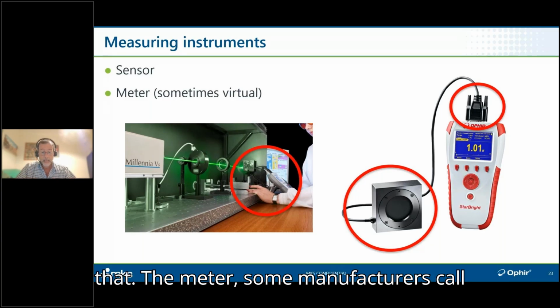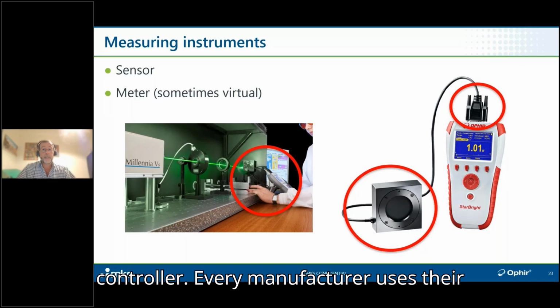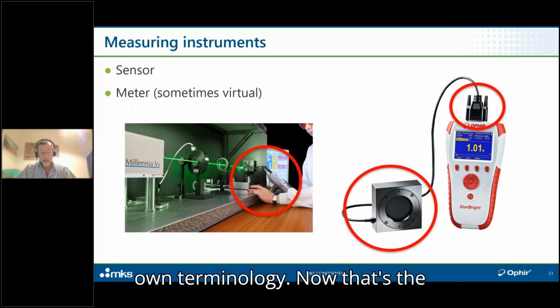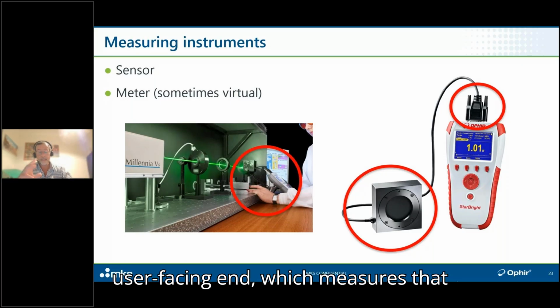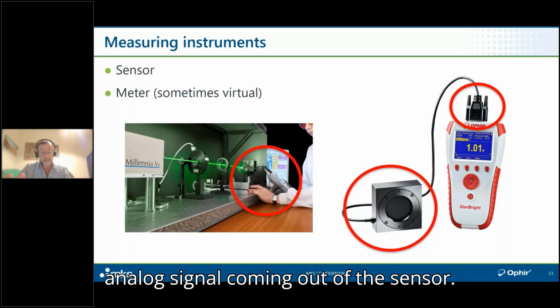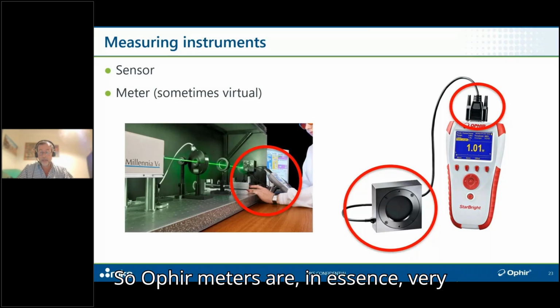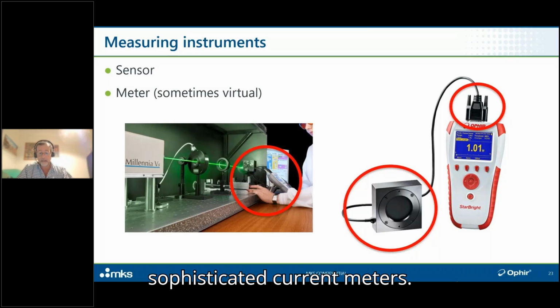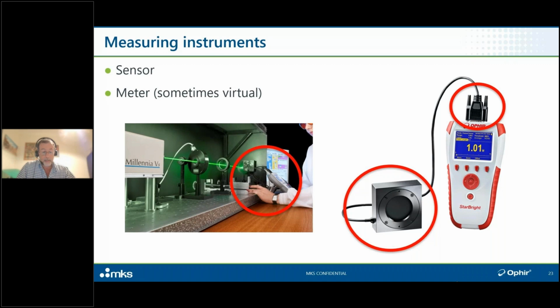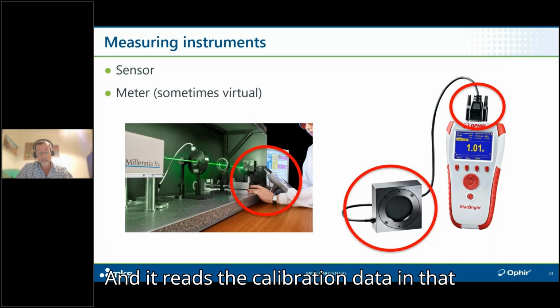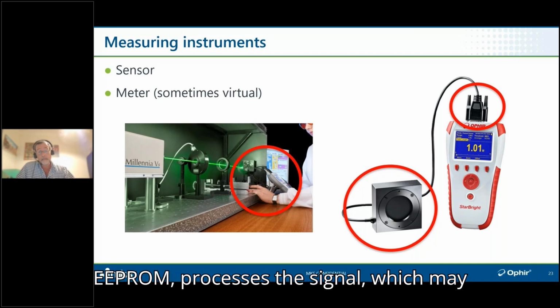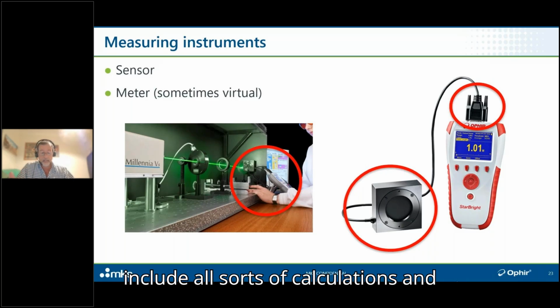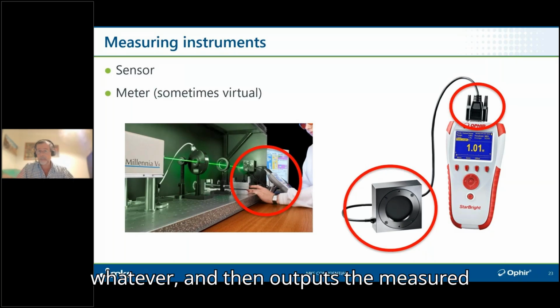It reads the calibration data in that EEPROM, processes the signal, which may include all sorts of calculations, and then outputs the measured reading, possibly via a numeric display for a human user, as in the example we see here, but there may be other ways, maybe through a digital interface to a PC with software running. The software might be provided by the instrument manufacturer, or maybe it's the user's own software, whatever.